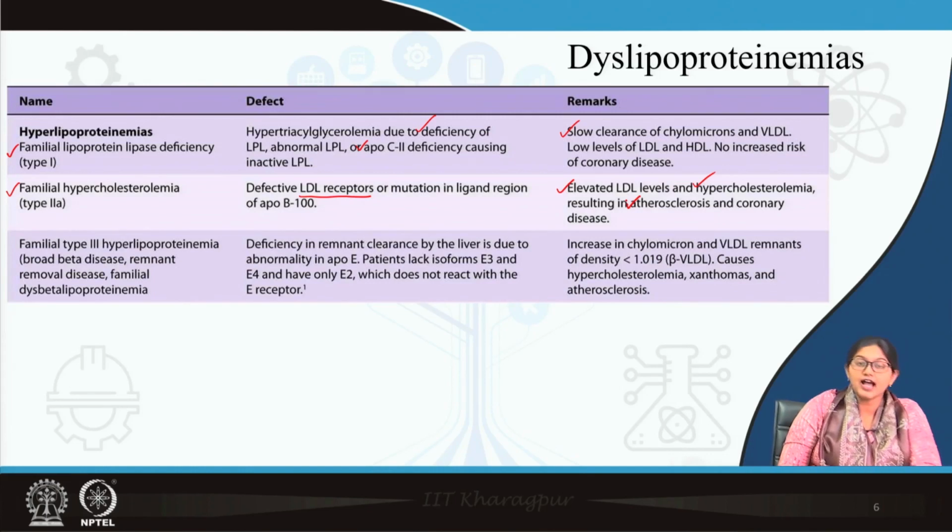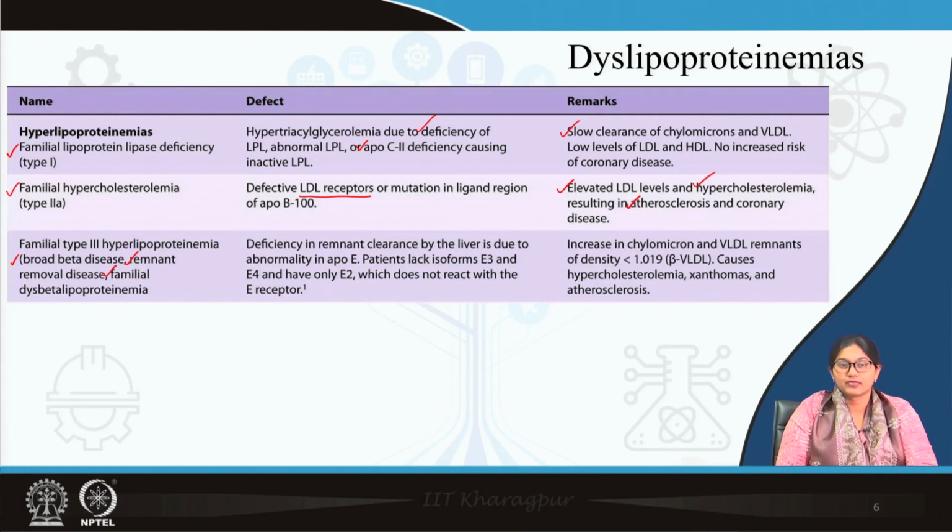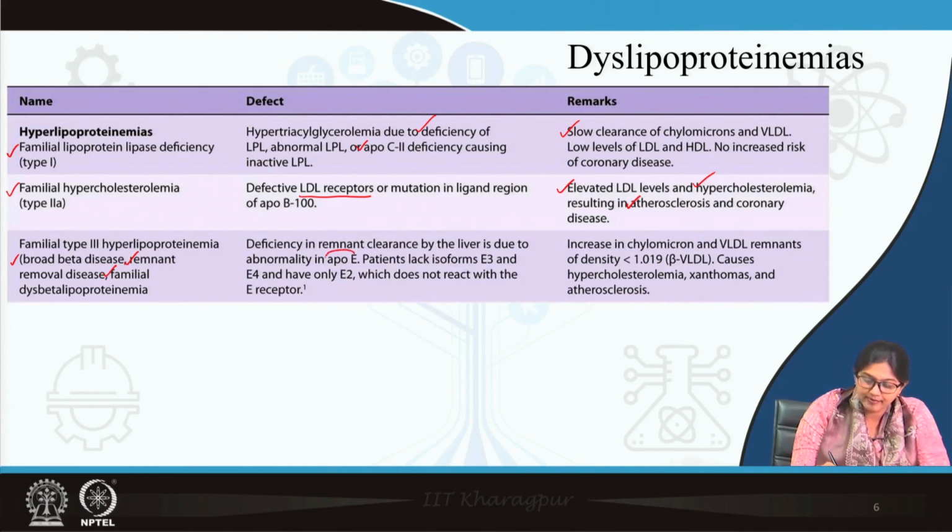The next condition is type 3. Type 3 hyperlipoproteinemia is also known by other names like broad beta disease, remnant removal disease, and familial dysbetalipoproteinemia. If you remember remnant removal disease, you can remember what happens in type 3. There is a defective remnant removal. Remnant means chylomicron remnant or VLDL remnant. Where is the defect? The defect is in ApoE.